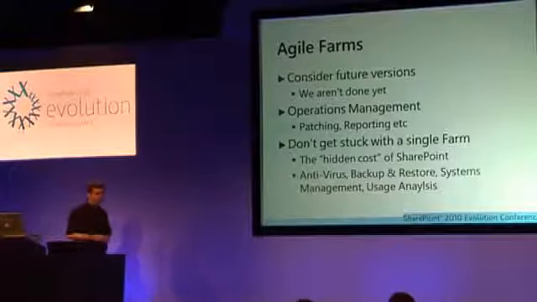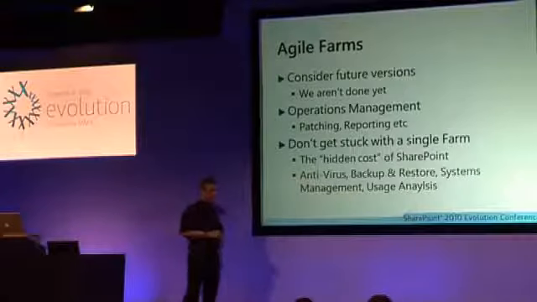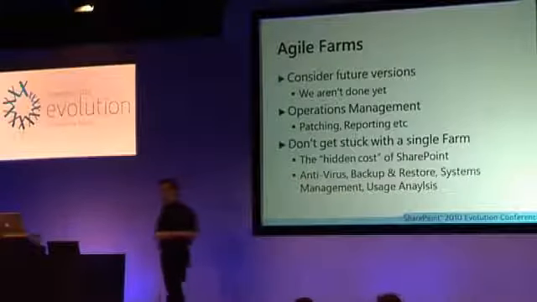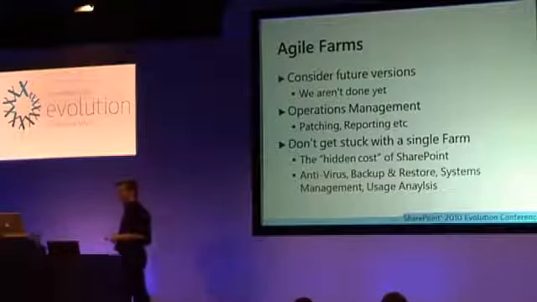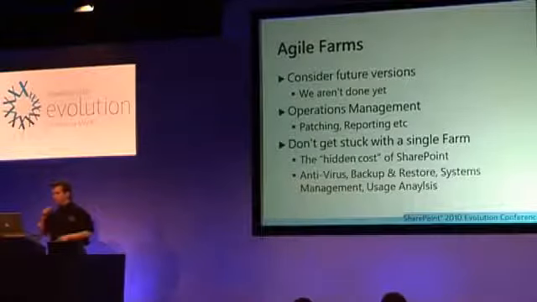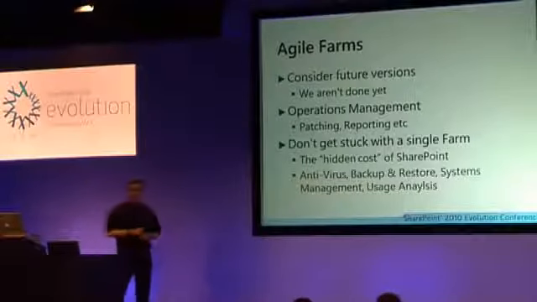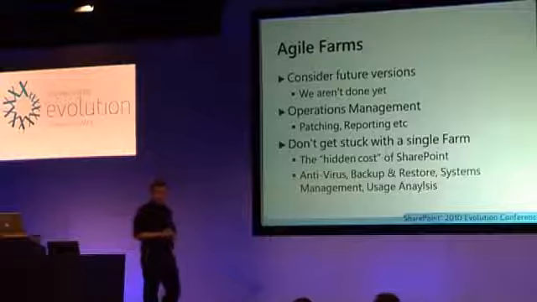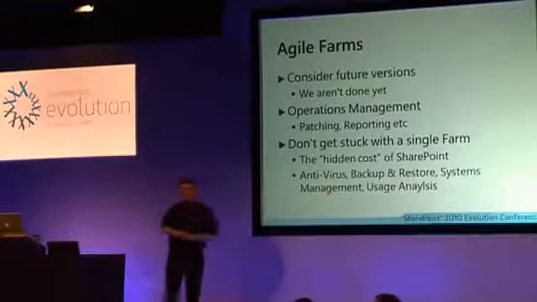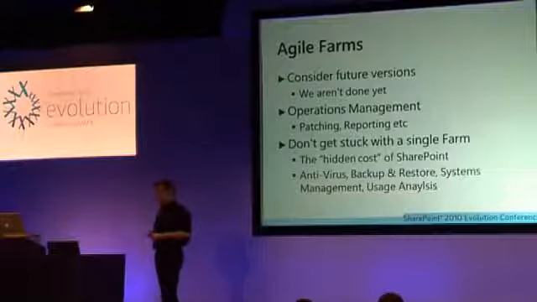Also think about future versions. It's interesting, we're here today, we've got the RTM effectively of 2010. And if you look at this from a historical perspective, 2007 was a significant change from 2003. 2010 is a significantly different architecture, and there is way more in the product.